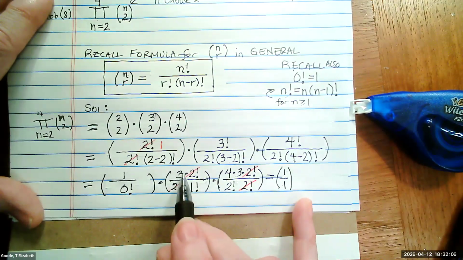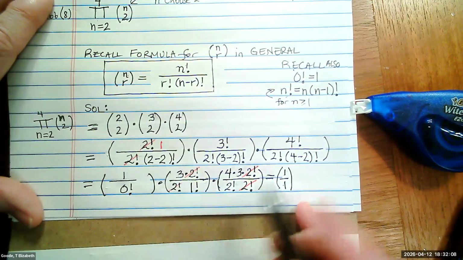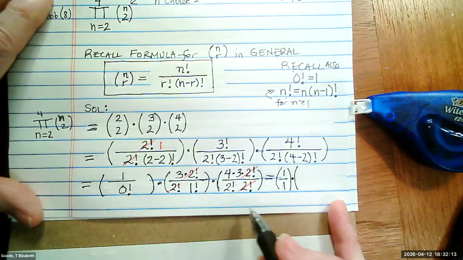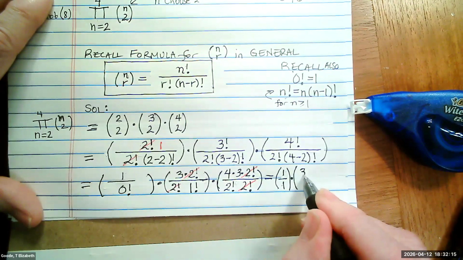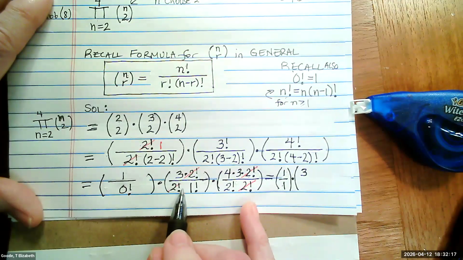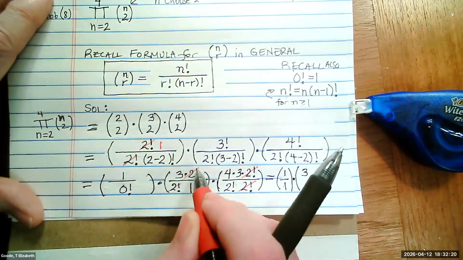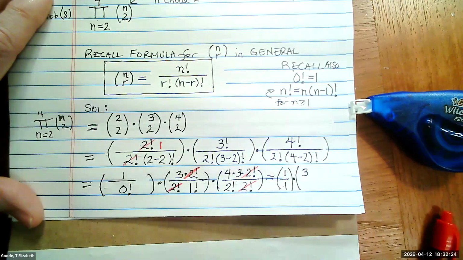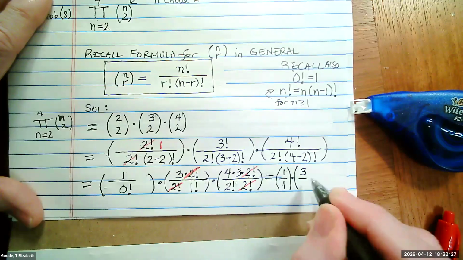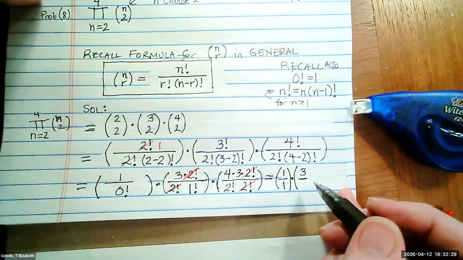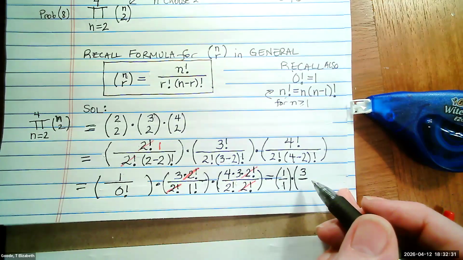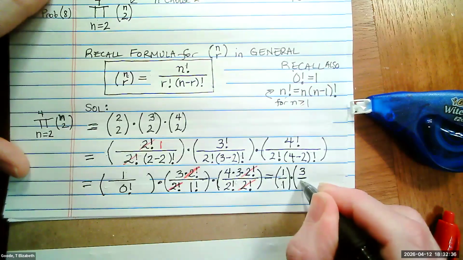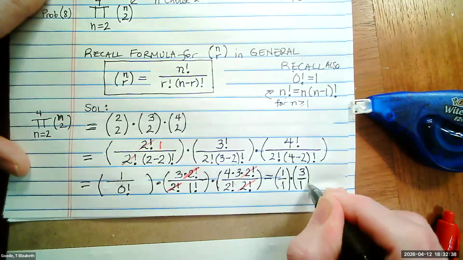Now, what do we have left from the middle factor after those 2 factorials canceled? 3 factorial over 1, which is just 3. Okay, careful. The factorial canceled with the 2. Gotcha. So then it's just 1 factorial. And what is 1 factorial? 1. Yep. 0 factorial and 1 factorial are both just 1. Good.